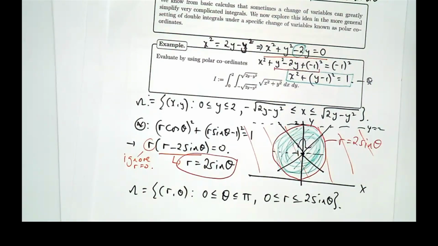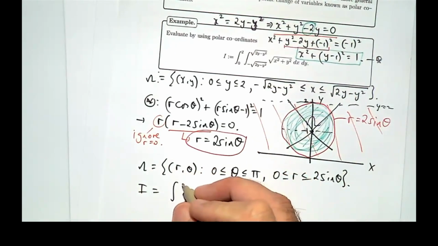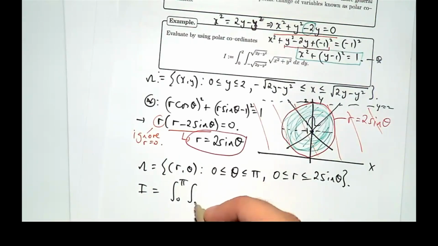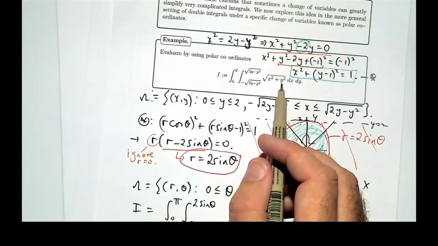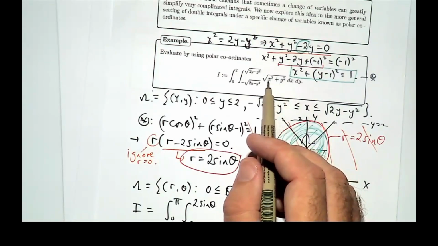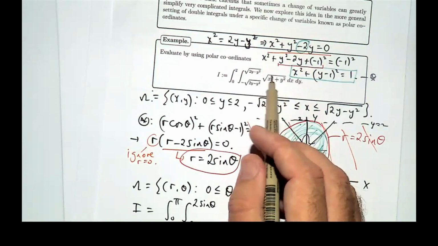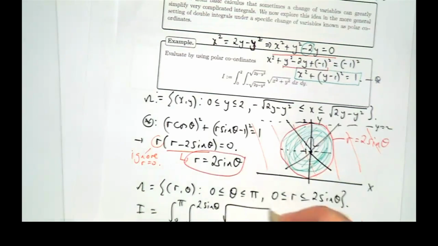Well, now we're working in polars. We're going to replace x with r cos theta and y with r sine theta. So the square root of r squared cos squared plus r squared sine squared, right? That's going to simplify massively.